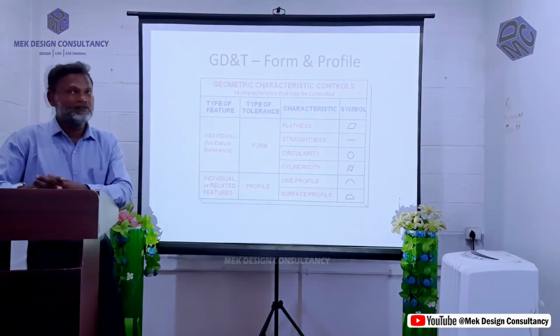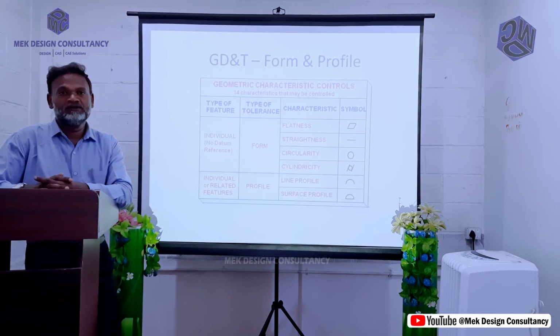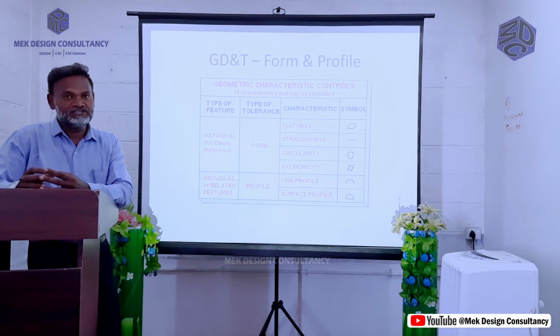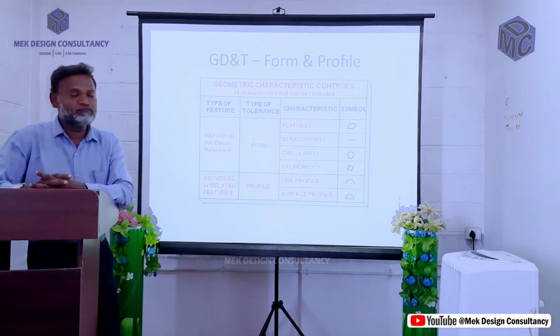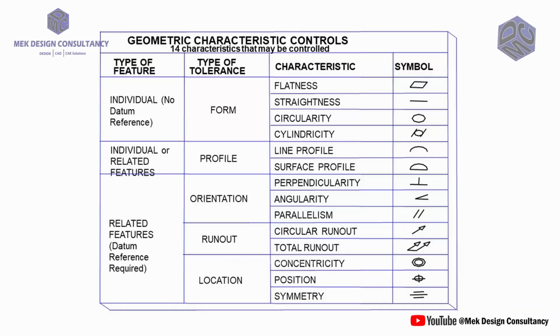Okay, good afternoon. I would like to share with you GD&T, its basic symbols and how the applications of GD&T are used. The basic symbols are form and profile symbols, maybe flatness, straightness, circularity and cylindricity. Apart from this, profiles may be line profile and surface profile.